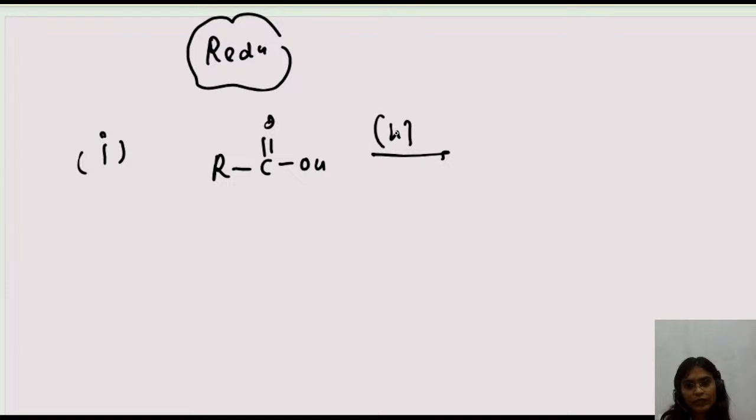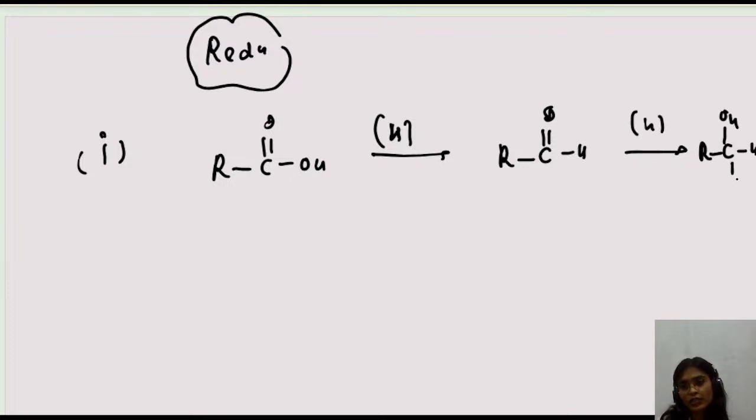Any kind of reducing agent, if I want to stop the reaction at aldehyde only, because I guess you already know it's a difficult task to stop the reaction at aldehyde. Reduction we're talking about here. Yes, please. Any reagent?